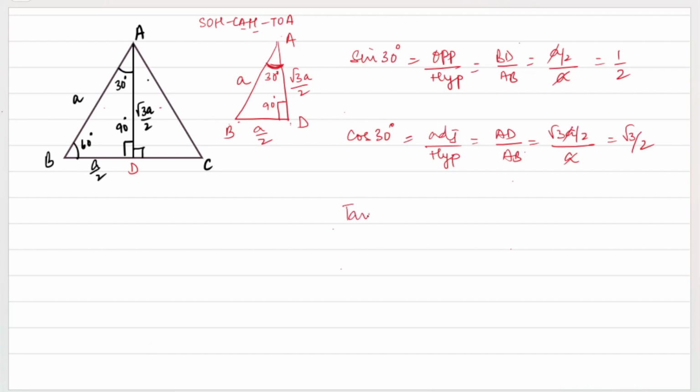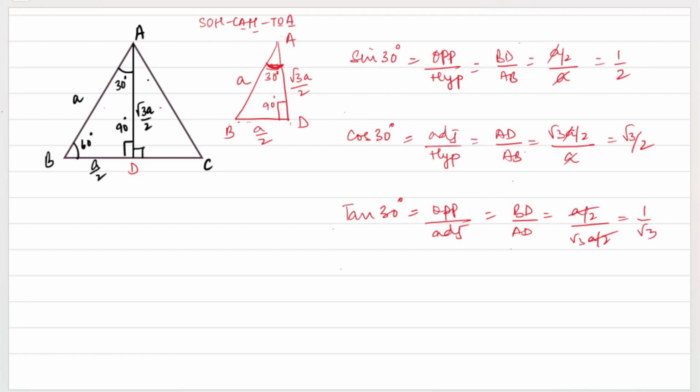Finally, my tan 30-degree is equal to the ratio of opposite to adjacent. Opposite side to 30-degree is which one? BD. And which is the adjacent side to 30? AD. So BD is A by 2 and AD is root 3A by 2. A by 2 cancels and I get 1 over root 3.